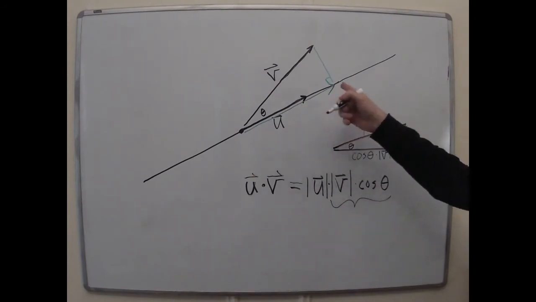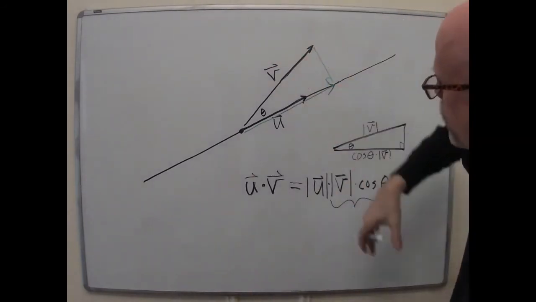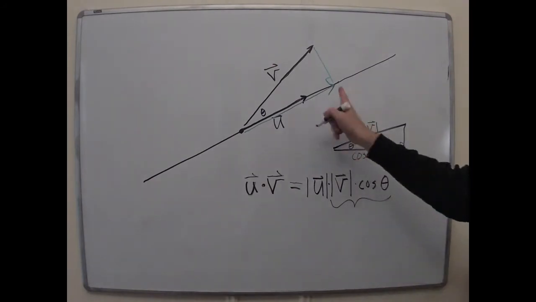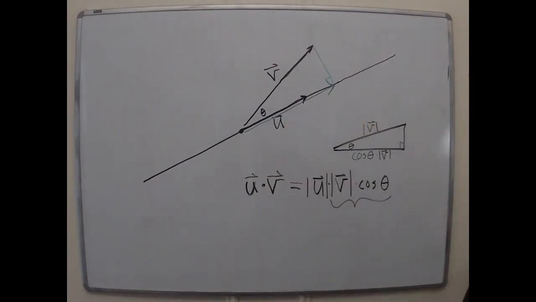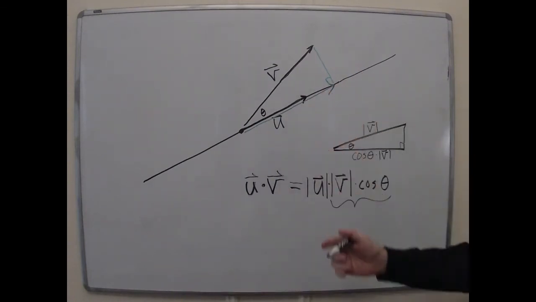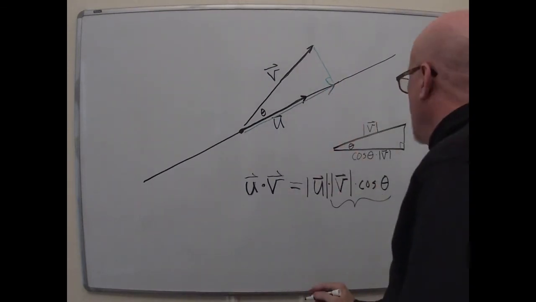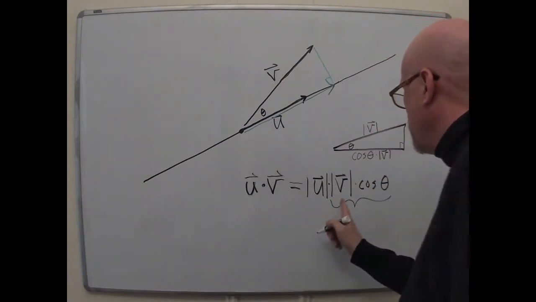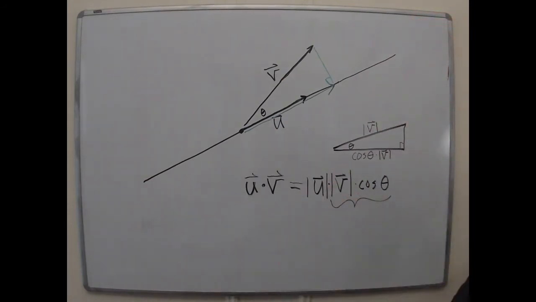Sometimes it's called the shadow of v, because if the sun was way up that way, shining straight down on the line u, this would be the shadow. But that's a scalar. That's a length that we're after. Still, to figure out how long this vector is, the magnitude of the force, is pretty easy. The number I'm looking for is just divide out by the length of u.